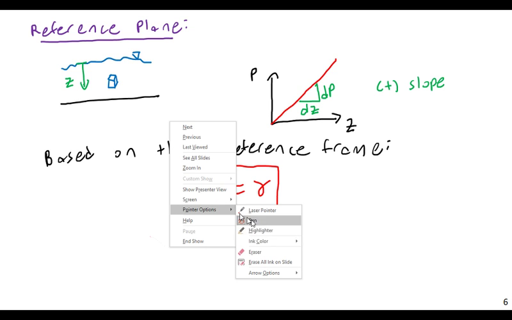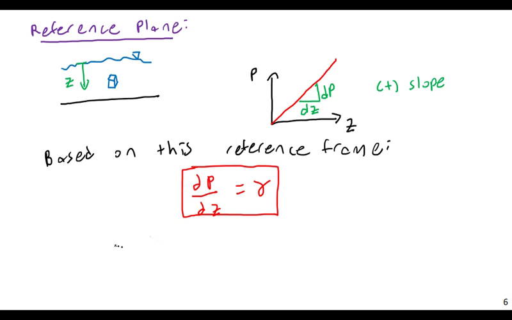Interestingly enough, note, gamma always has to be positive, but it does not have to be constant.